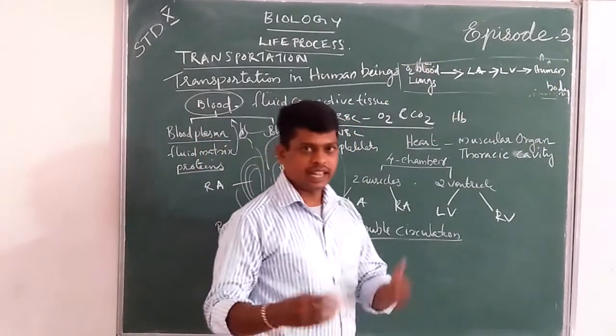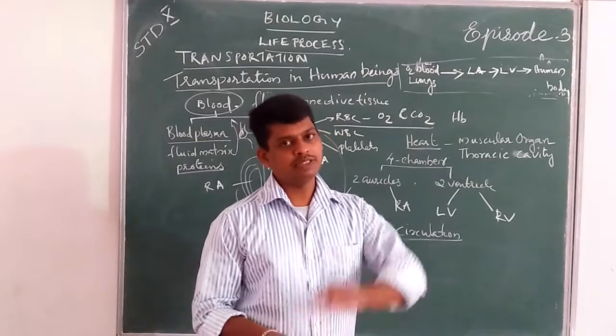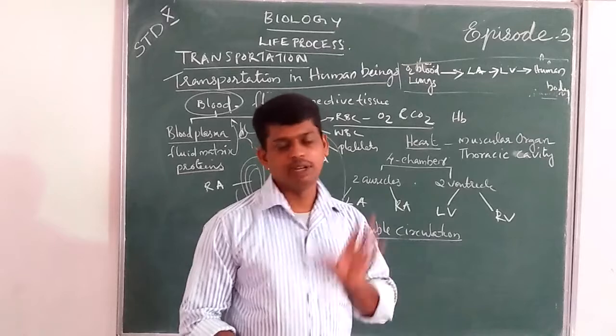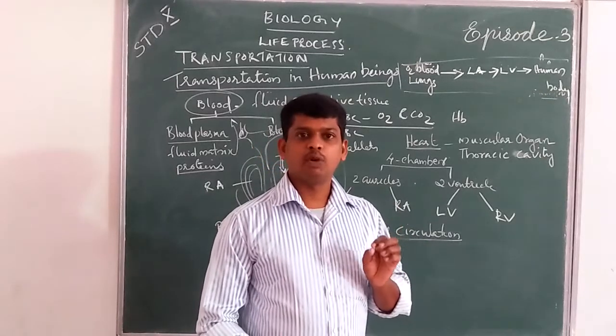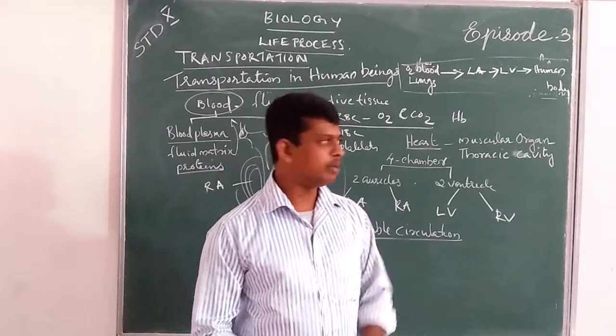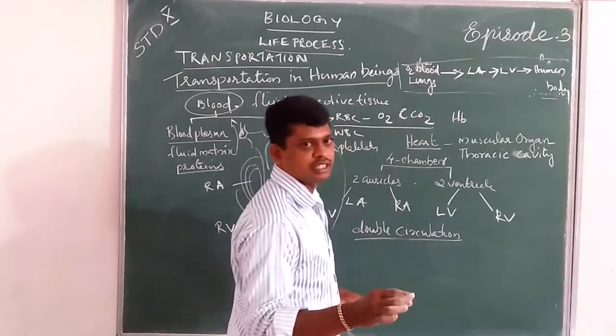The next is the impure blood that comes from various parts of the body. Impure blood means carbon dioxide-containing, deoxygenated blood.